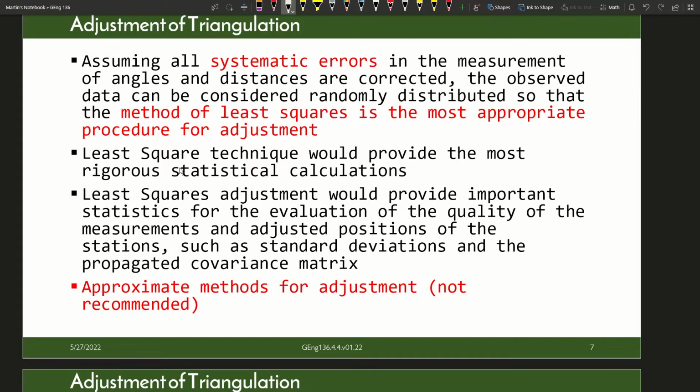From your previous courses, this was already mentioned, that we have these types of adjustment. If you remember in general surveying, we have the compass rule, transit rule, different methods. And the last one is least squares. The least squares technique provides the most rigorous statistical calculations. It also provides important statistics for evaluating the quality of the measurements and adjusted positions of the stations, such as standard deviations and the propagated covariance matrix.